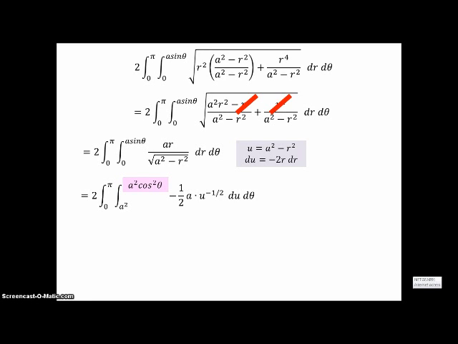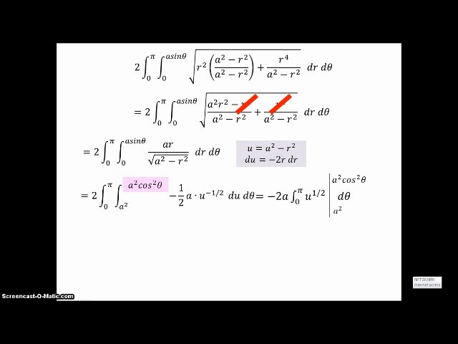Okay, so now the antiderivative of u to the negative 1/2 is 2u to the positive 1/2. And so the 2 and the 1/2 cancel, but we still have a 2 on the outside. And so now we have, bring the negative out and bring the a out, and we get negative 2a with our integral from 0 to pi, u to the 1/2, from a squared to a squared cosine squared.